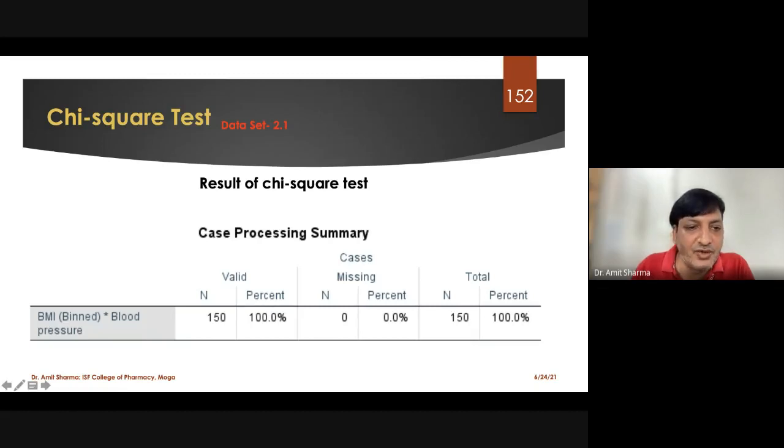As you can see, the names of the variables are written on the left-hand side: you have compared BMI, with the star sign considered as versus, blood pressure. That means you have compared BMI with blood pressure. The number of samples in your study was 150. Missing cases, no missing cases, and total is again 150.